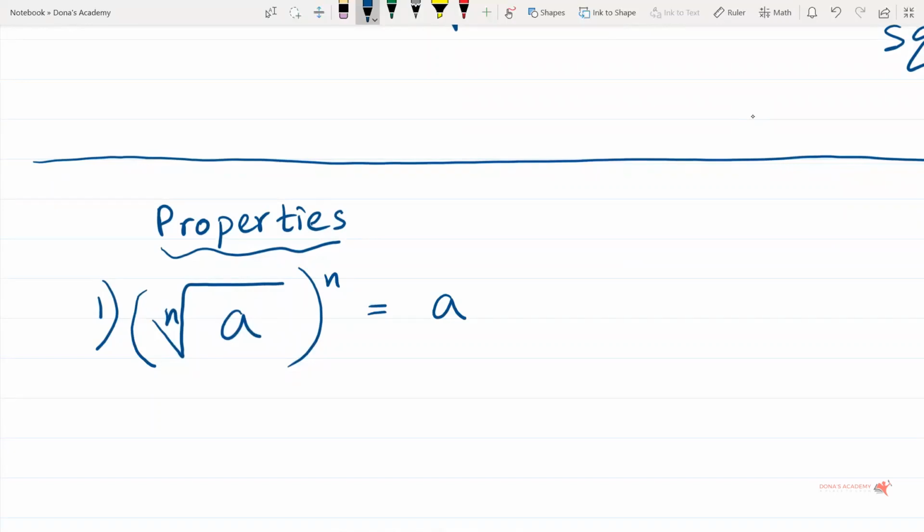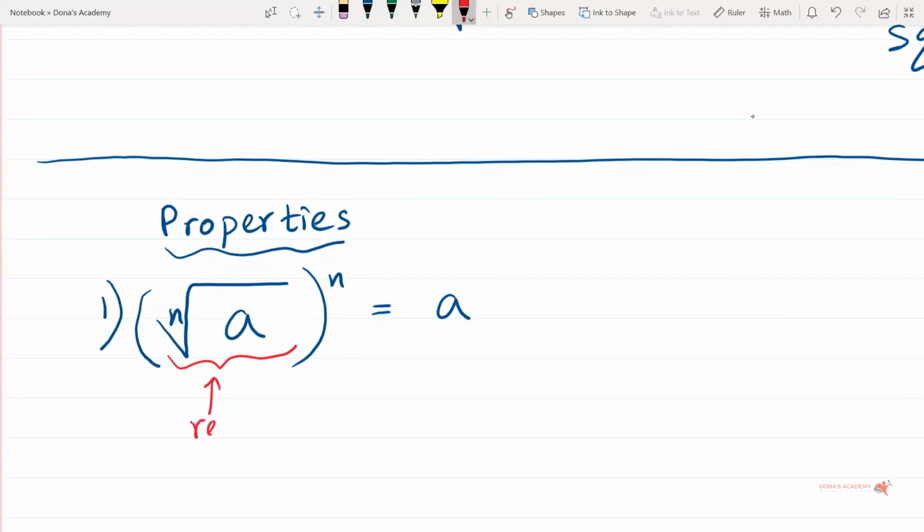Here you have to assume that the inside is a real number. Assume this is real, otherwise we can't define this. Okay, so we are assuming the inside thing is real. If you take the nth power of this radical, then it's going to be the radicand a. Let's talk about some examples.